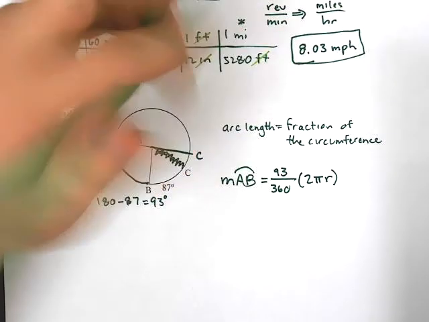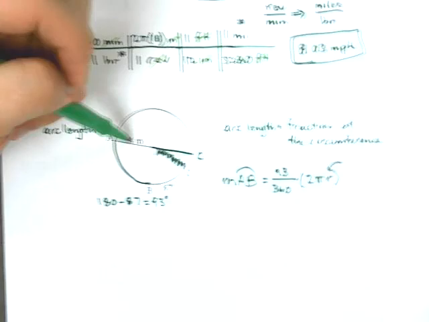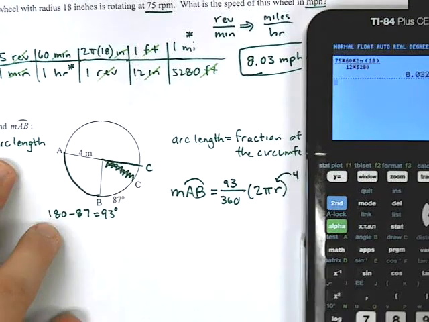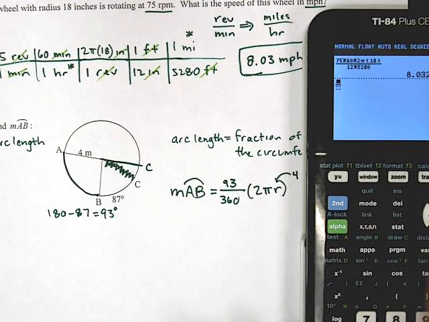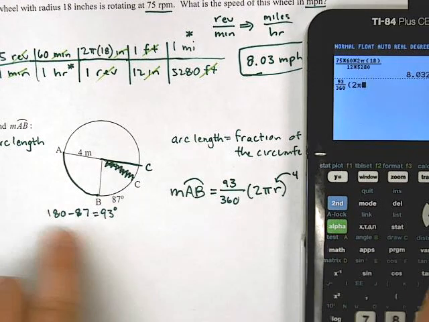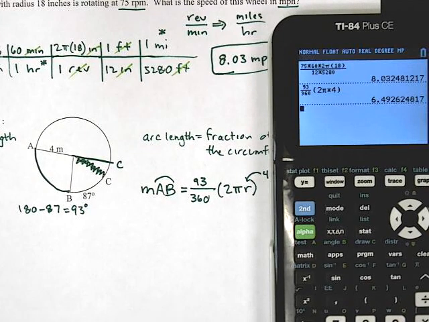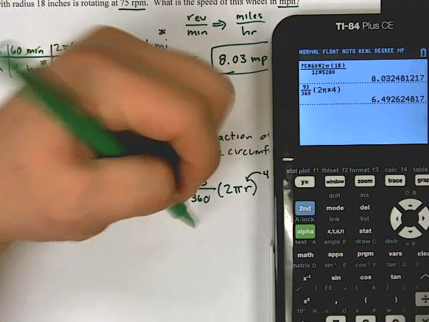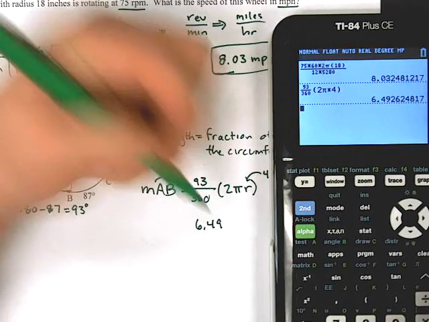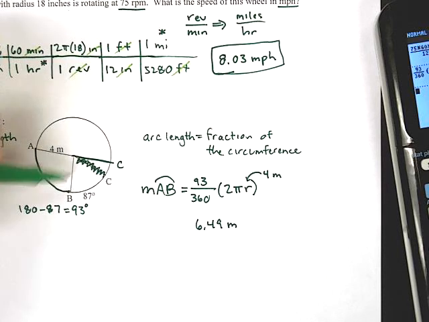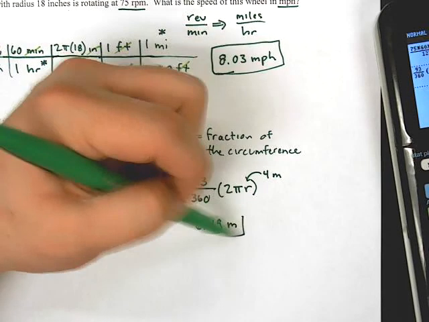So I'm going to replace r with 4, and I'm going to go right to the calculator. 93 over 360 times 2 pi times 4. And I get 6.49, and we were in meters. And please remember, this is not an area, this is still just a distance, so it is not square units.